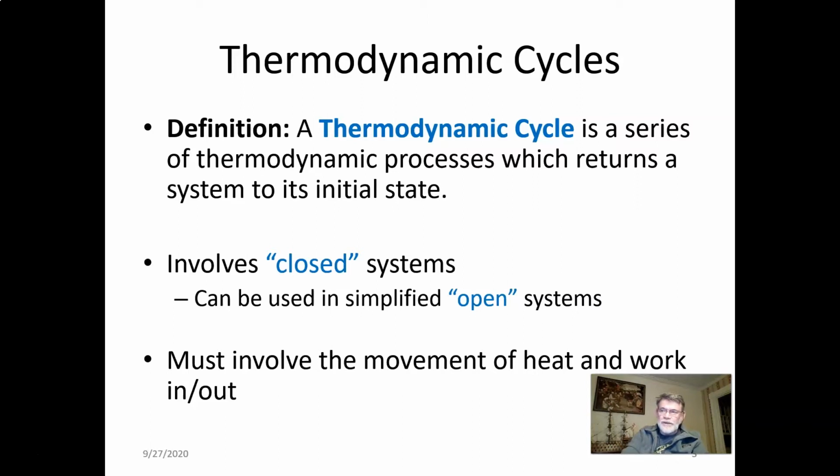Humans, like all living things, are also open systems, meaning that we exchange both matter and energy with our environment. In all cases, thermodynamic cycles involve the movement of heat and work in and out.